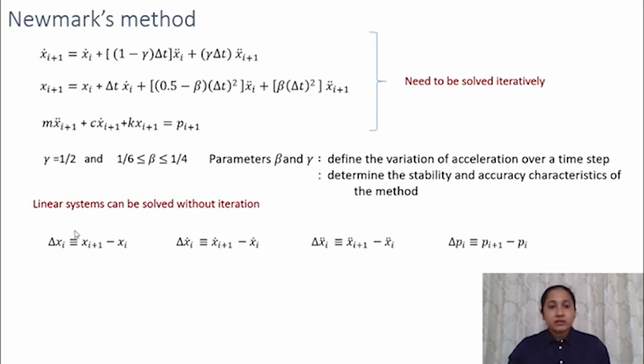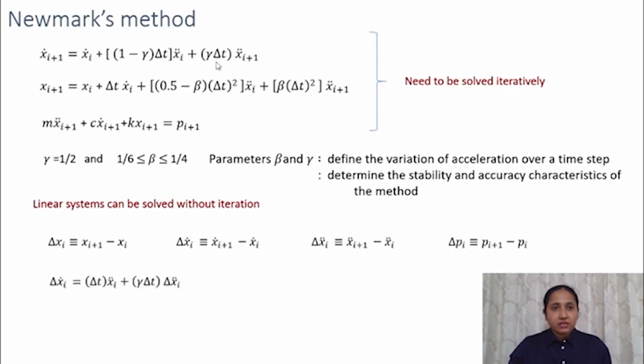So we can define these incremental quantities as the difference between these quantities at two consecutive time steps. So the incremental displacement, velocity, acceleration, and force are defined as this. Now we can rewrite this first equation as x dot i plus 1 minus x dot i, that is equal to delta x dot i.